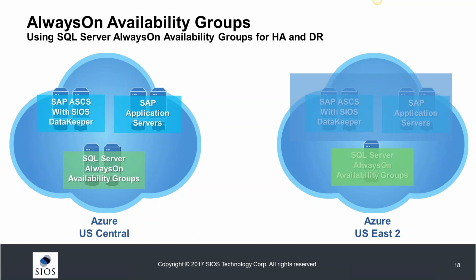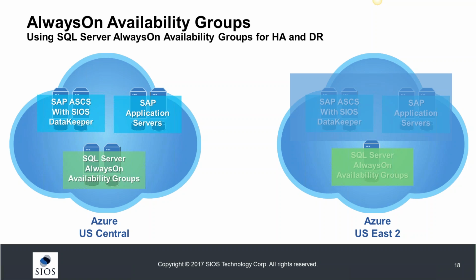So again, in picture form, we'll talk about the 3 options that we're discussing here today. Option 1, AlwaysOn Availability Groups. Essentially, just like you know and love today, use SQL Server AlwaysOn Availability Groups for high availability locally. So in the US Central, you see I have a 2-node cluster using availability groups, doing synchronous replication and automatic failover.